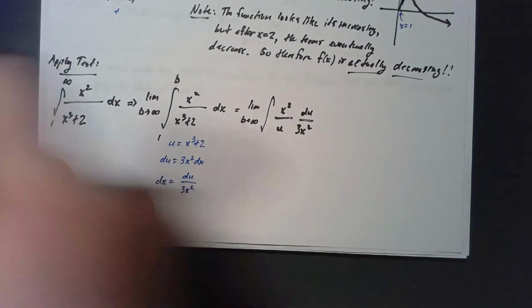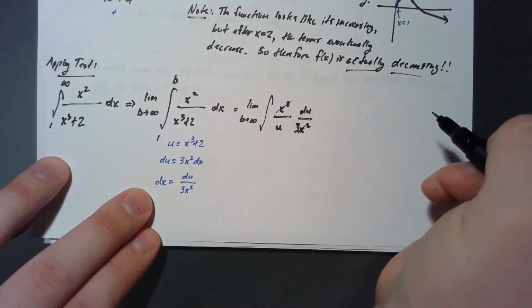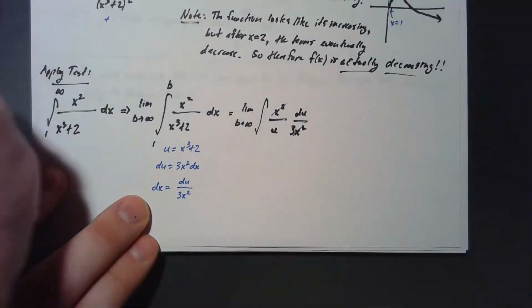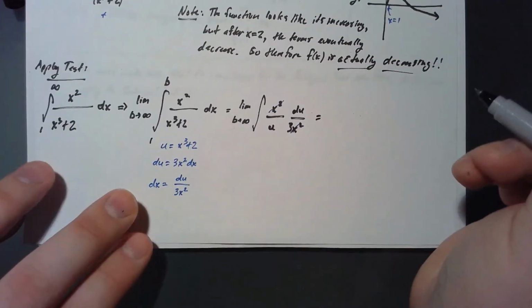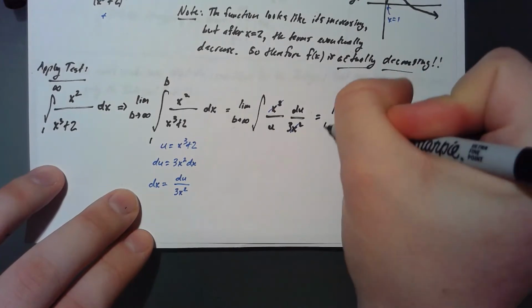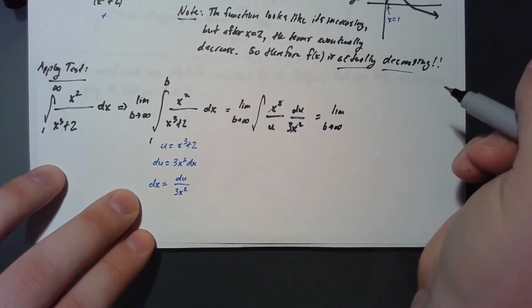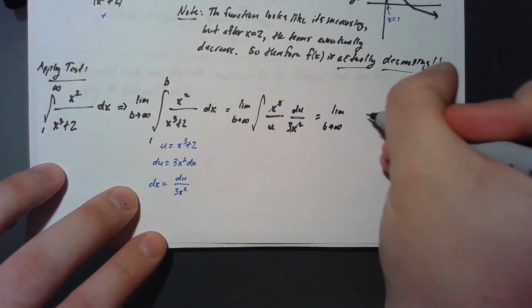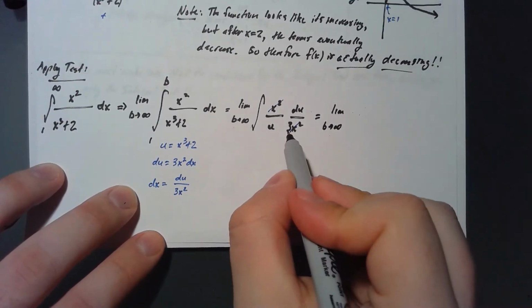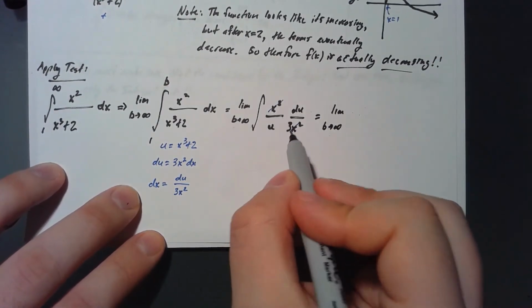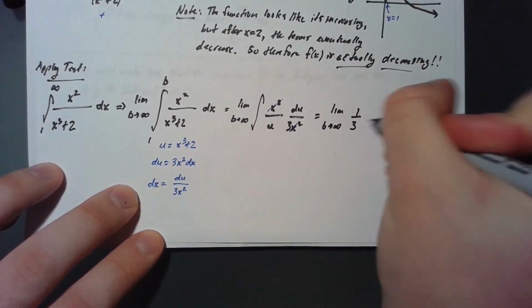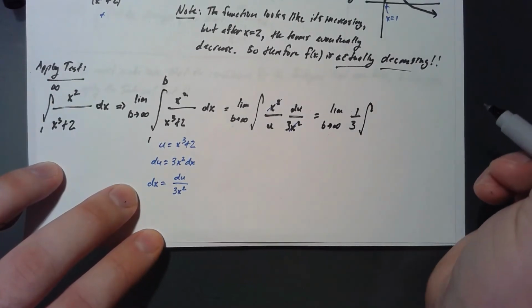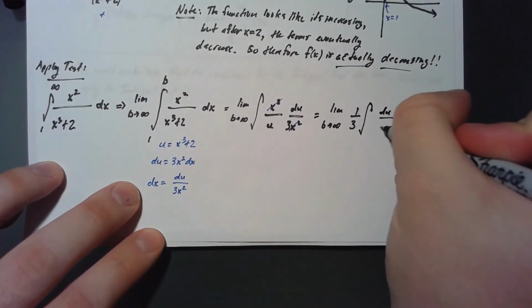So the x squareds cancel, which is beautiful, and we end up getting the limit as b approaches infinity of, well, I have a 1/3 here, so I'm going to write that outside the integral, of du over u.